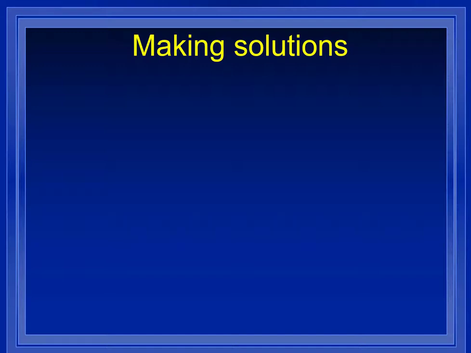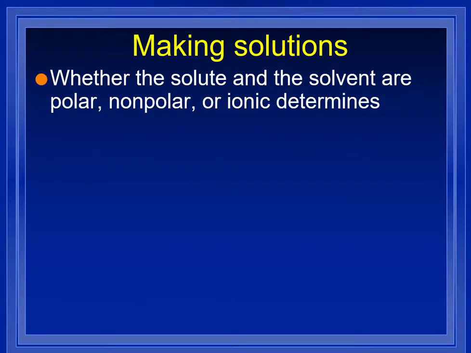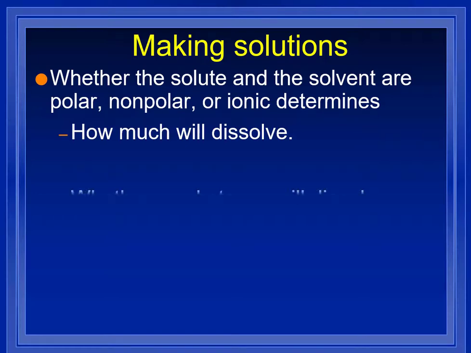So far we've talked about how solutions form and what's going to make them form, that the stuff can hang on to it. Whether the solute and the solvent are polar, nonpolar, or ionic determines how much will dissolve.